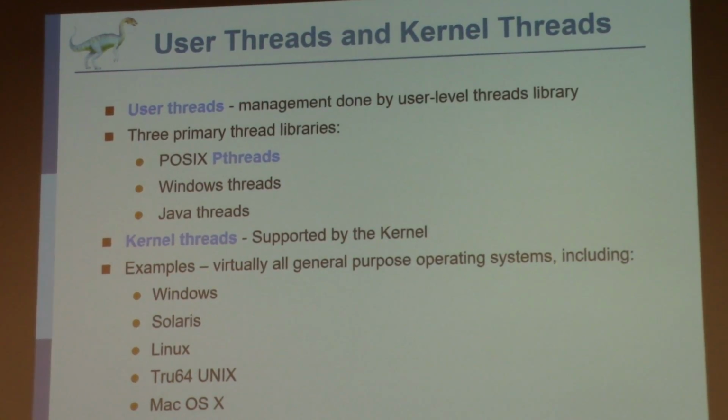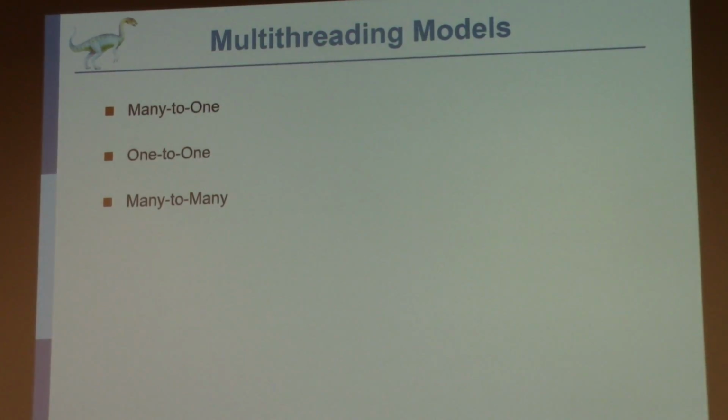So for user threads and kernel threads, because it is dual mode, there is user mode and kernel mode. The user has threads and the kernel has threads. As we have seen, for example, one or some of the kernel threads will be used.